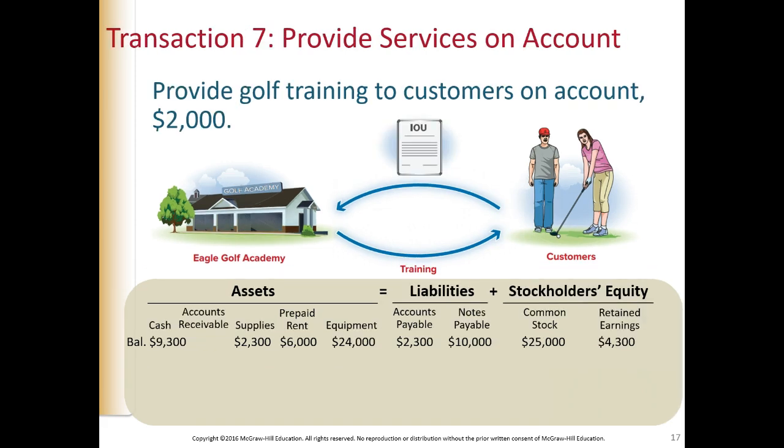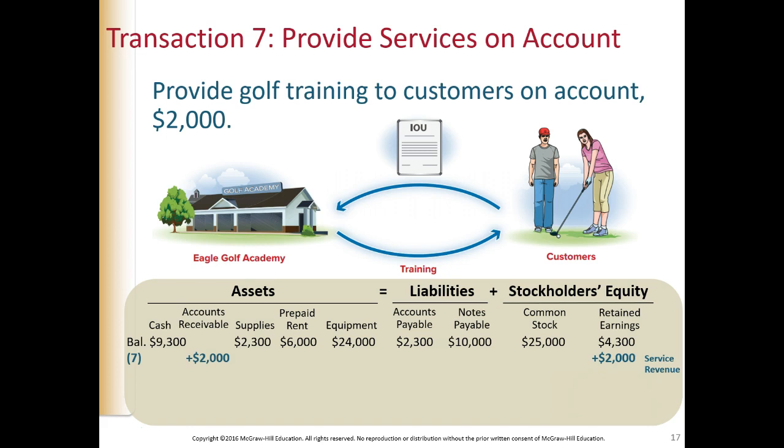Transaction 7. Let's provide golf lessons to customers, except they are going to pay us later. They're not paying us today. We've done the work today, we've had earnings today, but they are going to pay us the cash later. To enter this, we don't increase the cash account. They have not paid us yet, but they owe us the money, so we are going to increase another asset account called accounts receivable.